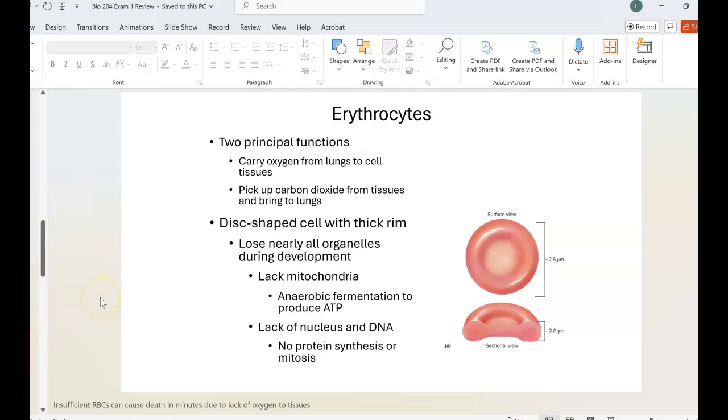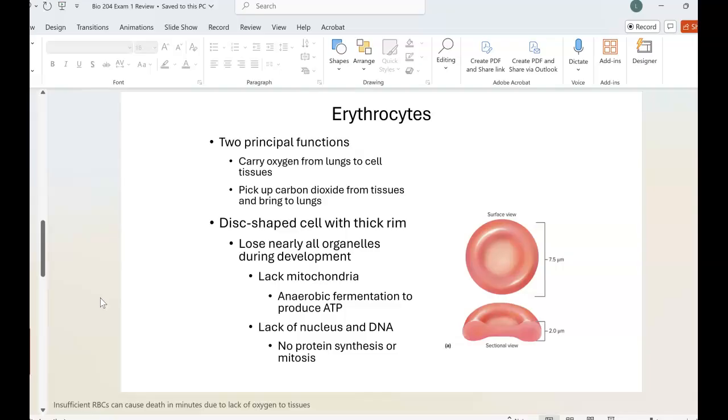We also talked a little bit about those erythrocytes. So red blood cells, also called erythrocytes, are very specialized. So they lose their organelles, so they don't have mitochondria, they don't have a nucleus, so they don't live for very long, only about 120 days. And they have to be very flexible because they're going to be these very, very narrow blood vessels, capillaries that they have to fit through.